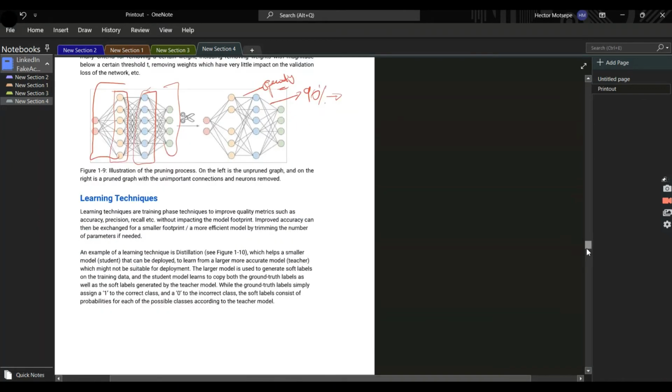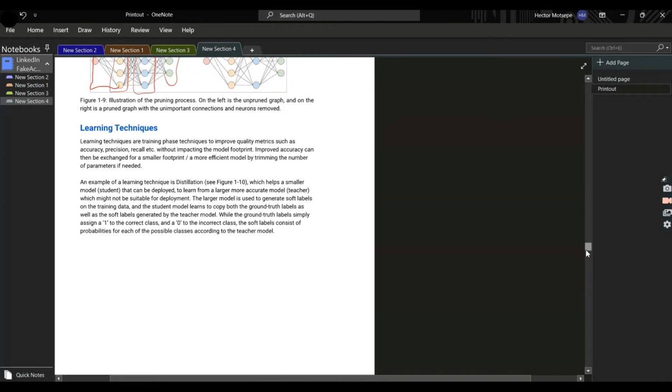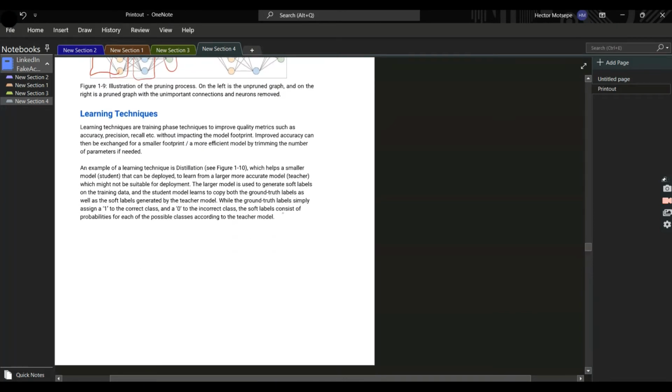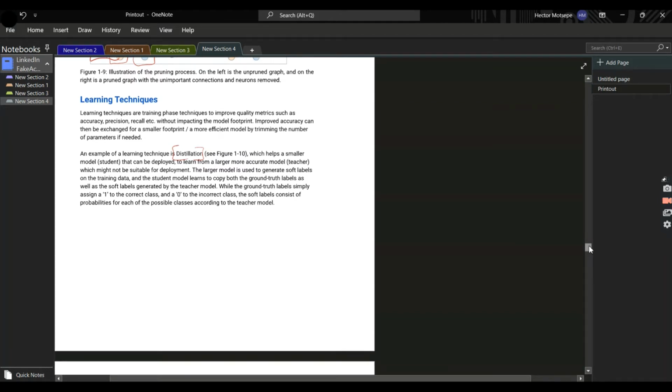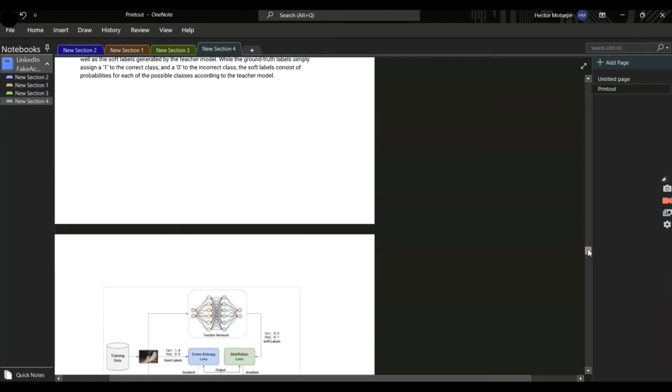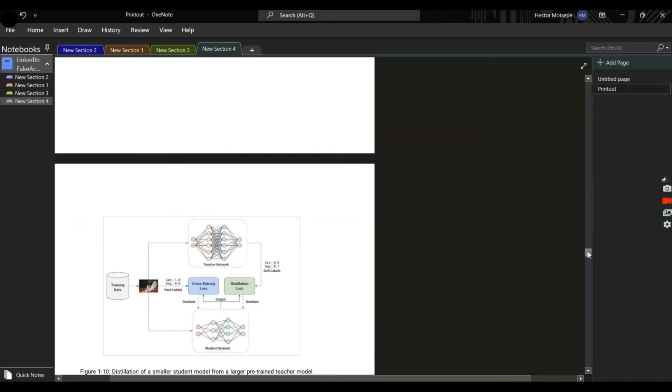Okay, so we're looking at the learning techniques, which is apparently my favorite topic. The first learning technique is called distillation. You can think of it as having a smaller model that is deployed, and when we train this smaller model, we train it with a very huge, very dense model, which is going to help this student model that we see here.